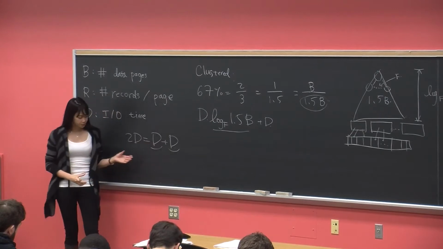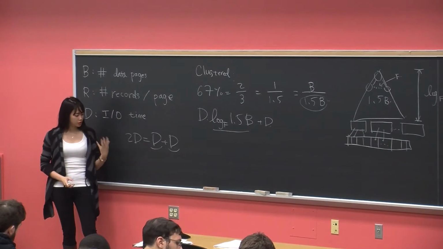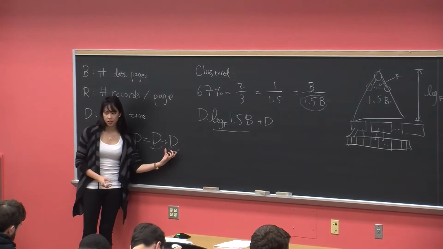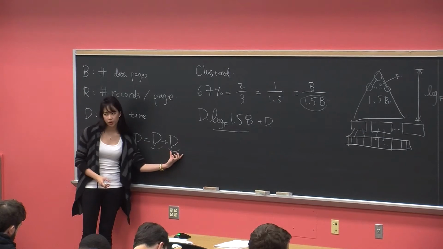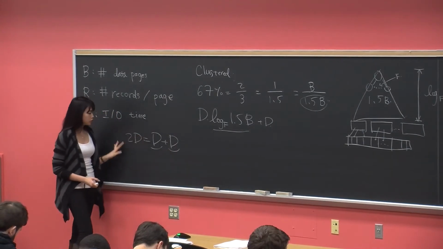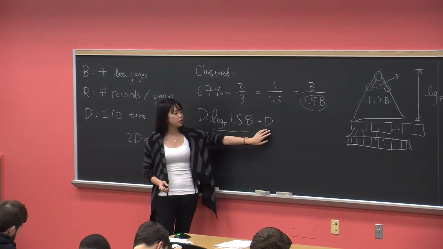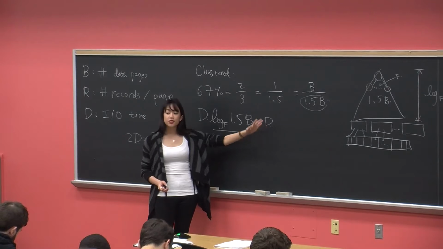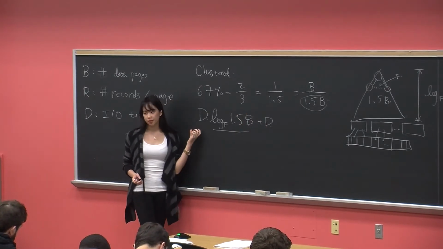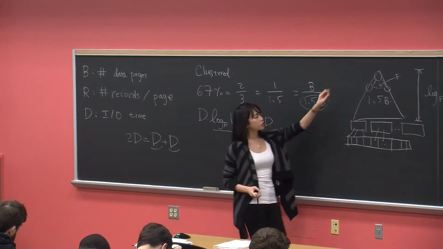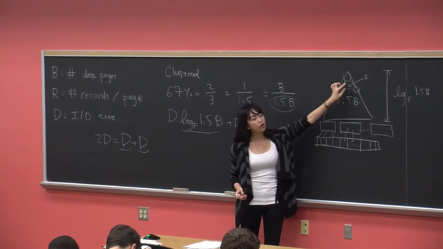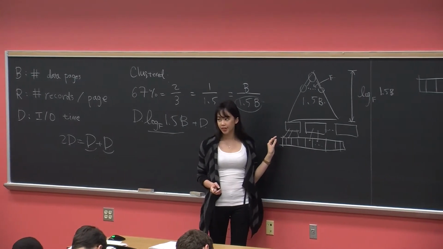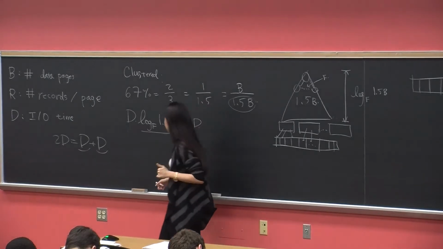For inserting into the heap file, we just append at the end, but we have to first read the last page and then write all the records. So each of them takes 1 IO cost. Now you might wonder, that takes 2D, so why do we only add 1D right here? Because the D for reading was already included in the steps, right? Because for each step, when we are traversing the tree, we already read through the pages. Got that?